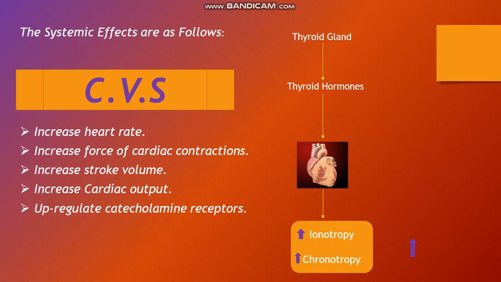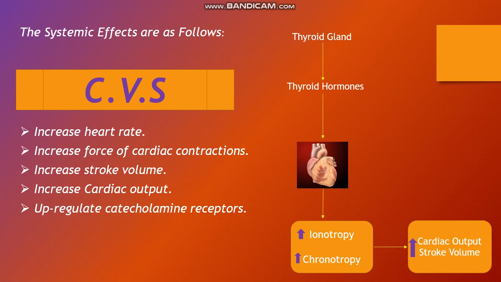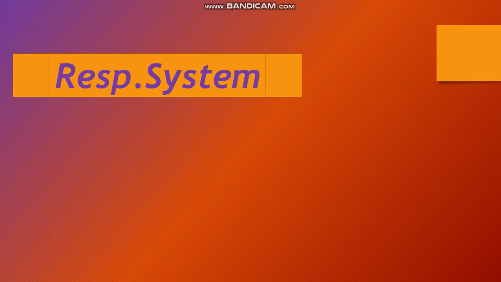Inotropy and chronotropy, these are the terms for the force of contraction and for the rate of the heart contraction. Inotropic effect and chronotropic effect, of what? Of thyroid hormones on the heart. You're looking here, cardiac output is increased and stroke volume is increased.